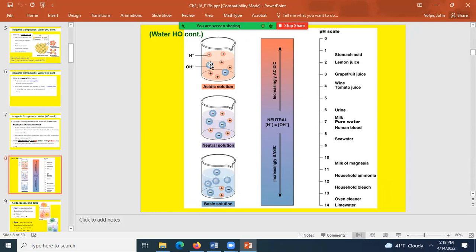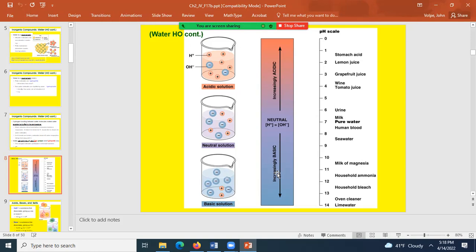And with more H+ in the water, we call that acidic. On the other hand, if there are more OH- hydroxide ions in solution, then the water will have more of a negative charge, and we'll call that a basic solution. You can also call that an alkaline solution.